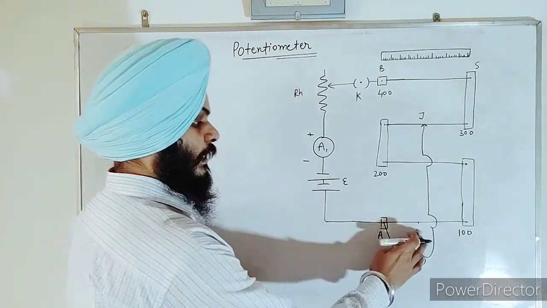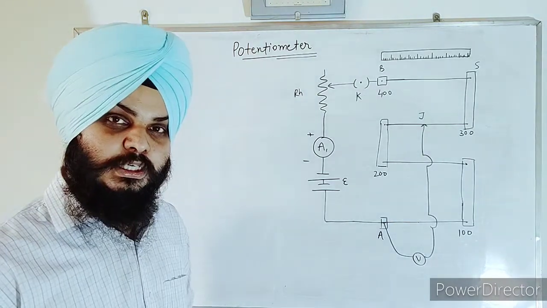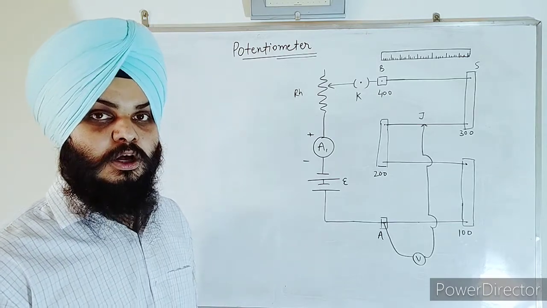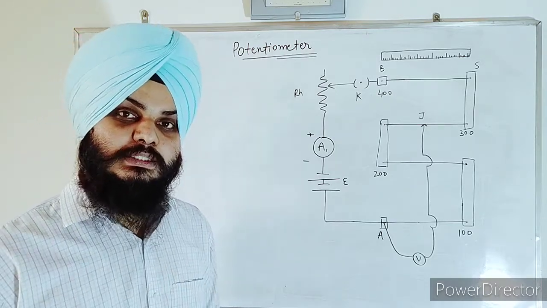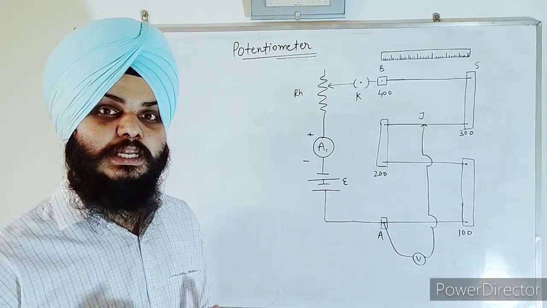Now on increasing the length, what will happen? The potential difference across the wire will increase, or simply in other words we can say the potential drop across the potentiometer wire will increase.